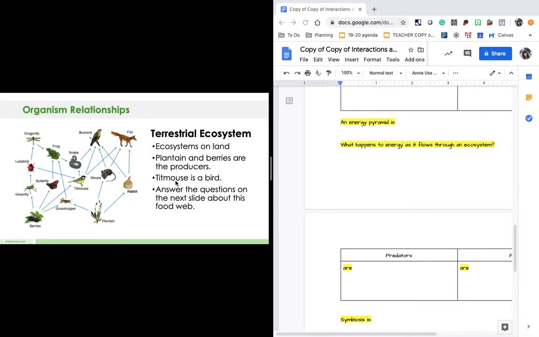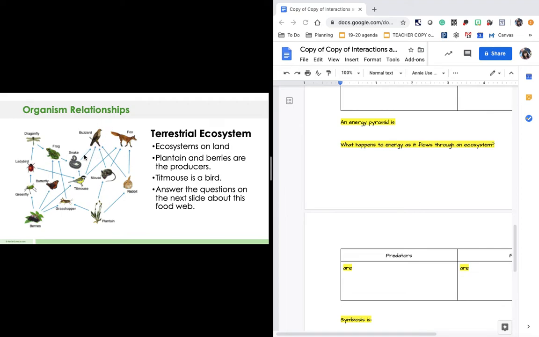This kind of mouse is a bird right here. I'm sorry, this is a bird, even though it has the word mouse in it. It gets its energy from berries, okay? Looking at this, you can tell that the buzzard is definitely the top of the food web here, and they have a lot of options on where they get their energy.